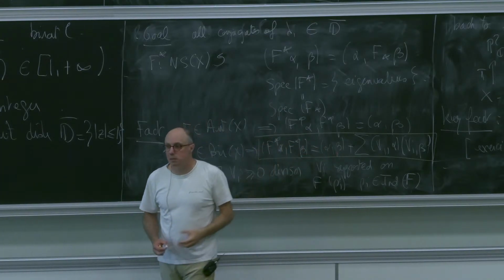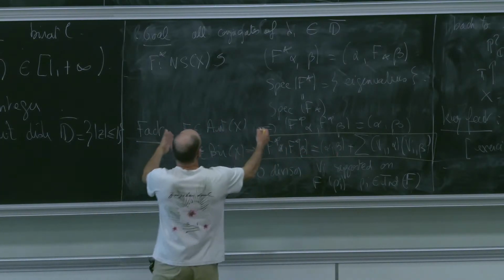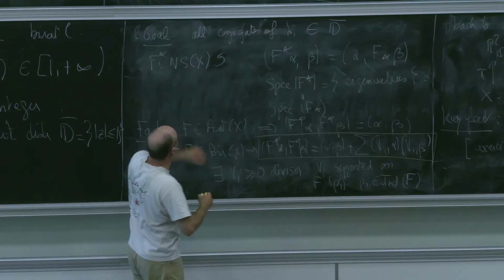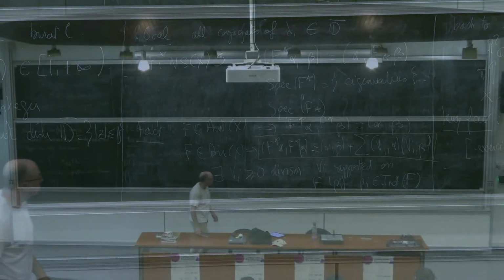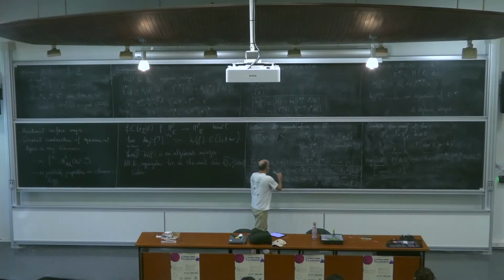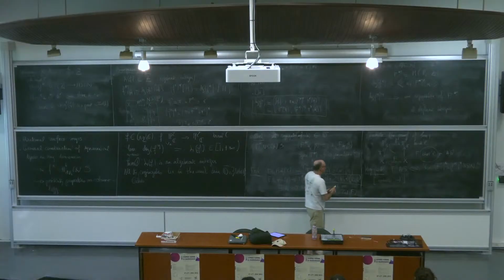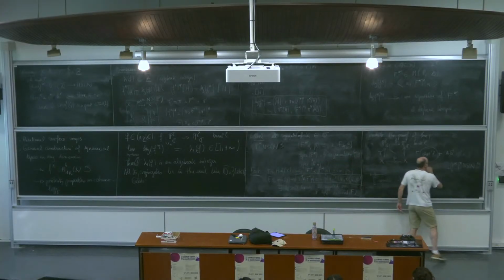And this implies exactly what we want, that all the conjugates lie in the unit disk. So I'm not going to do the exercise in the case of birational maps, but let's do it very quickly for automorphisms.